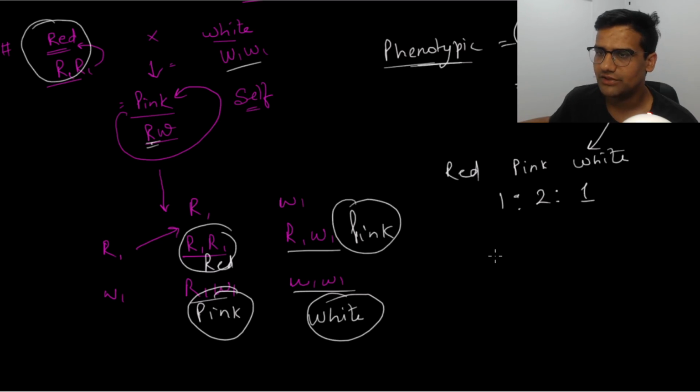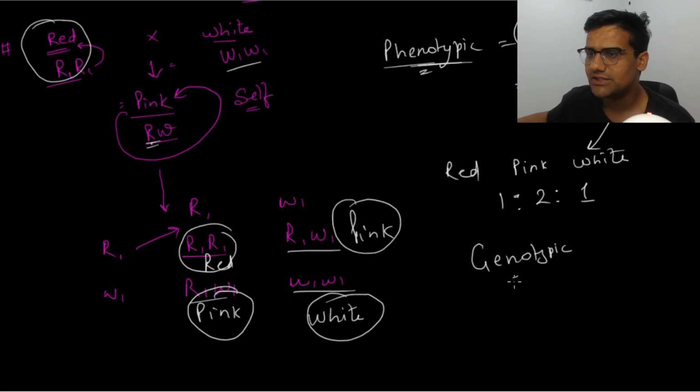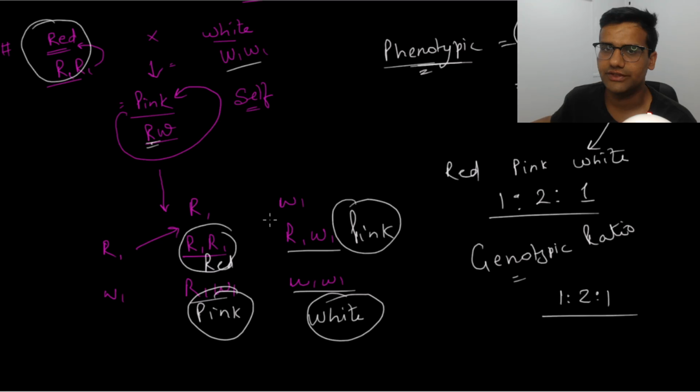And the same is with the genotypic ratio. That means you can say that the phenotypic ratio and genotypic ratio for incomplete dominance are the same. The phenotypic ratio is 1:2:1. The genotypic ratio is also 1:2:1.